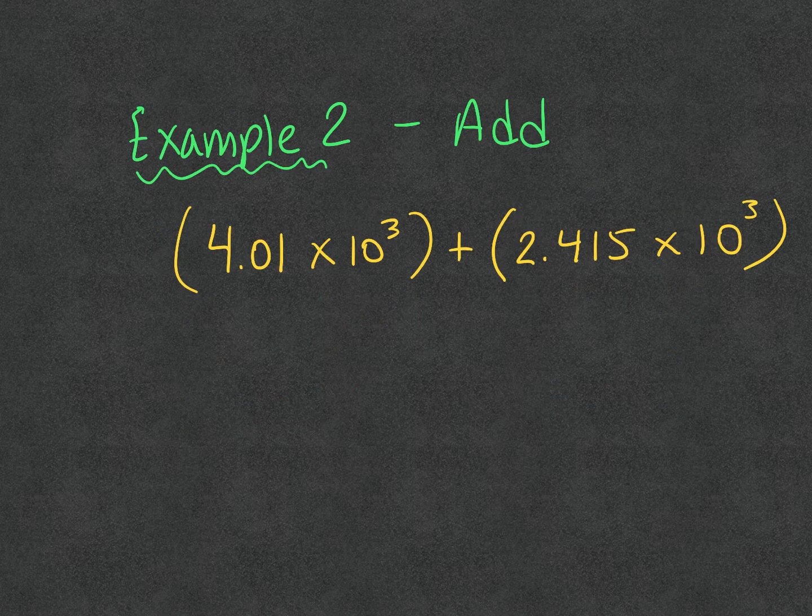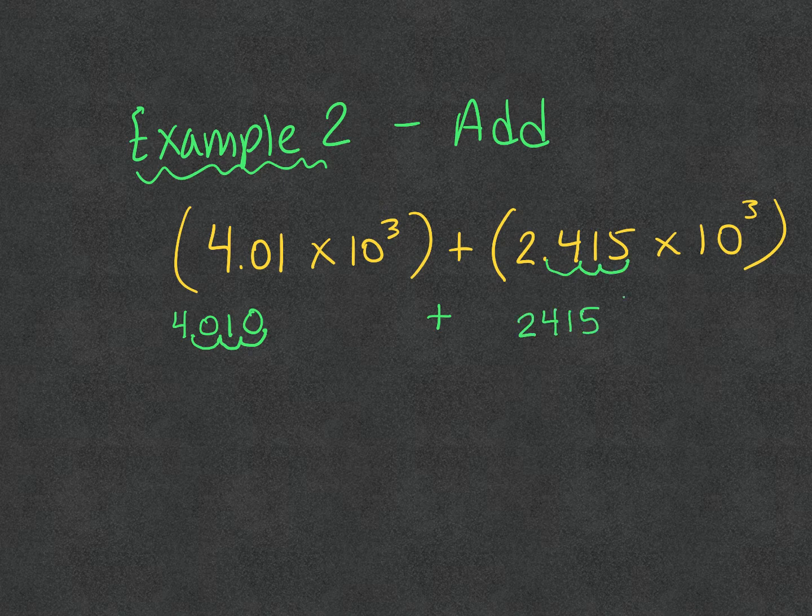Now you have the opportunity to add. Now it might be helpful for you to have this quick memory that 4.01 times 10 to the 3rd is simply 4.01, move your decimal 1, 2, 3, so it would be 4010. Plus 2.415, you move your decimal 3 to the right, so that's really 2,415.